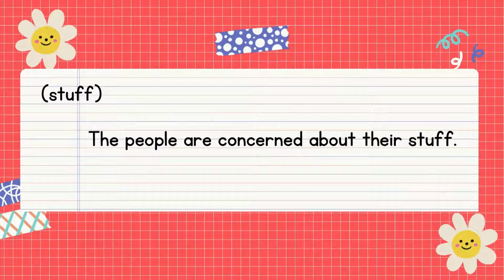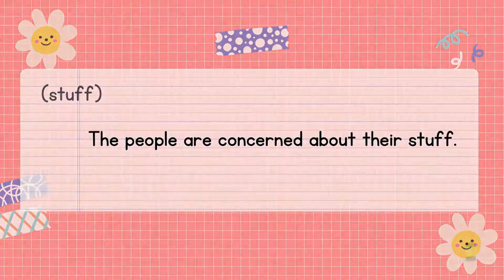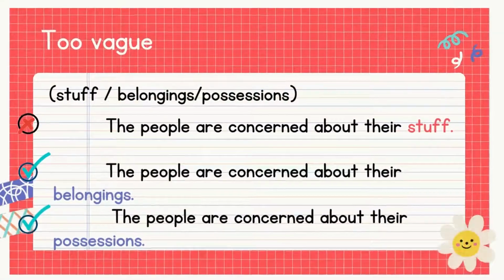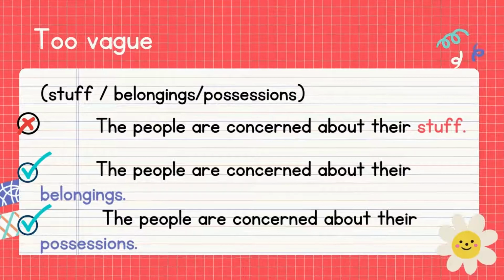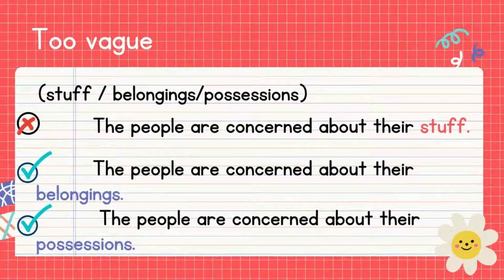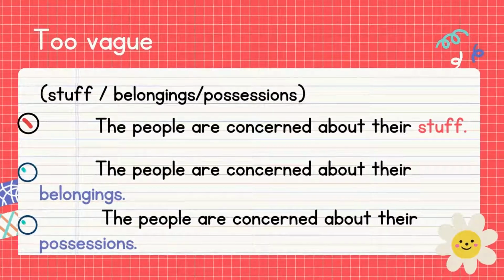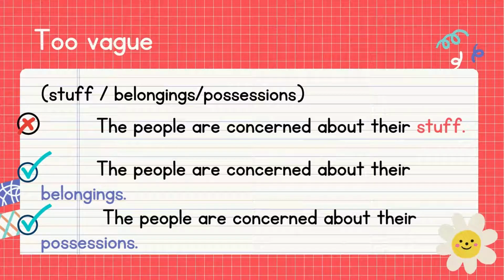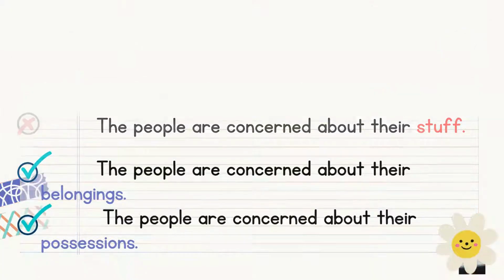Our last example is: the people are concerned about their stuff. The word stuff was used in this sentence, and it makes it unclear to understand. The word stuff should be replaced by the word belongings or possessions to avoid making it vague.